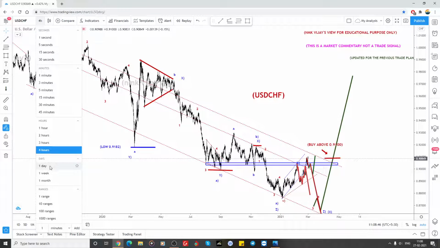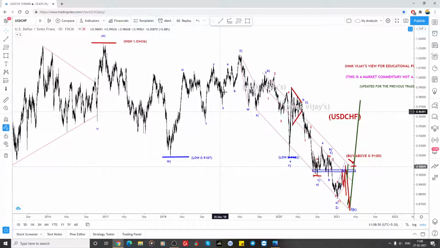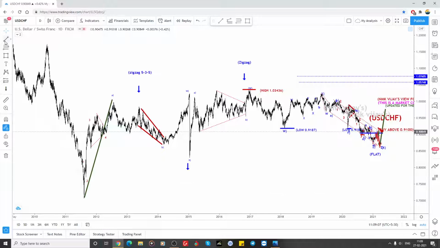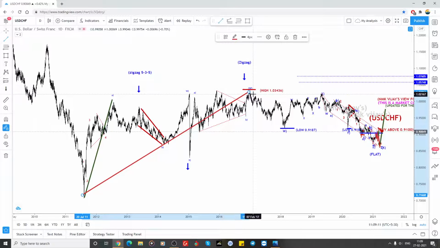In that case, see here, it's a W, X, and that Y wave has also completed. That Y and Z also completed here. So once this is the W and this is the X, for this A, for example, I am telling, or we can make it a W also.